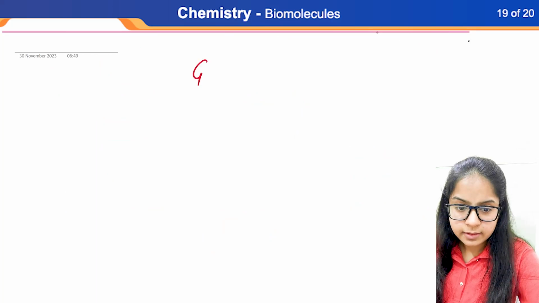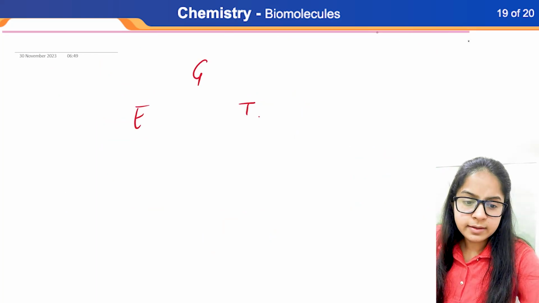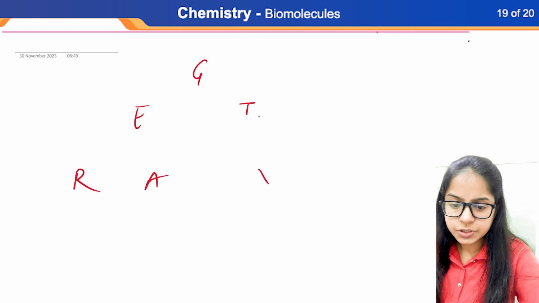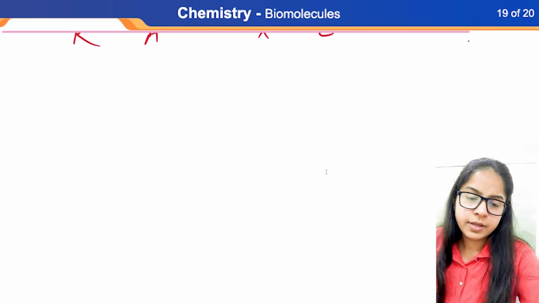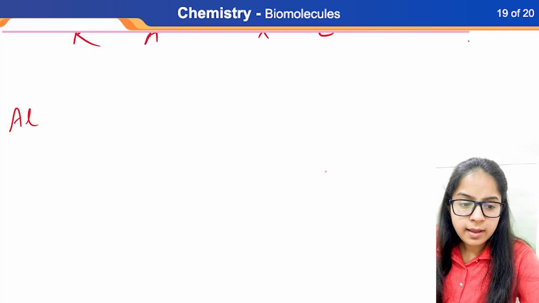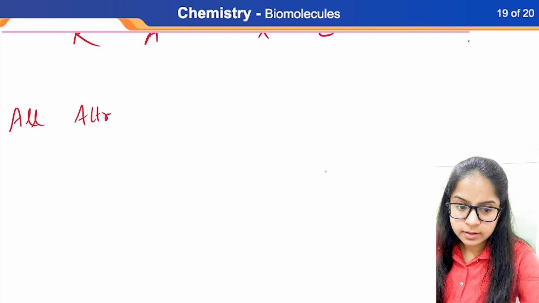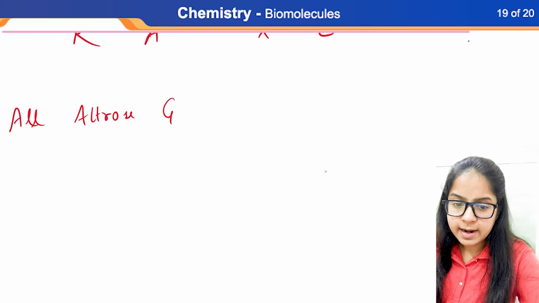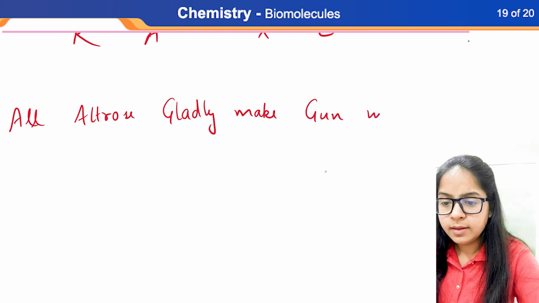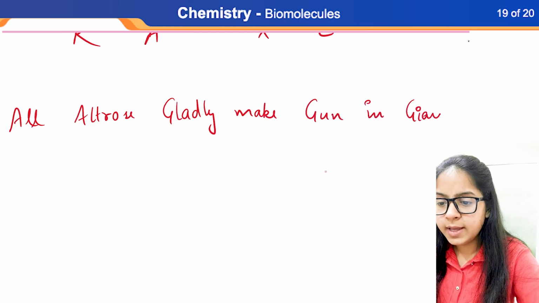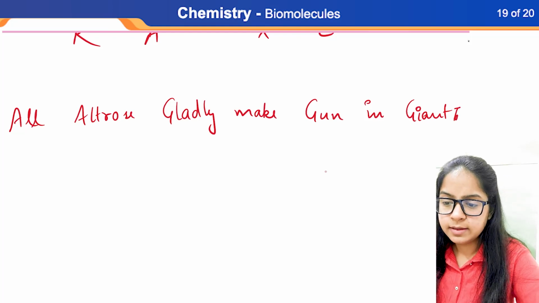Now the next one is, this is mRNA phosphate unit. After that, one another thing, the reaction I showed you. One another trick: all altrose gladly make gum in giant tanks.